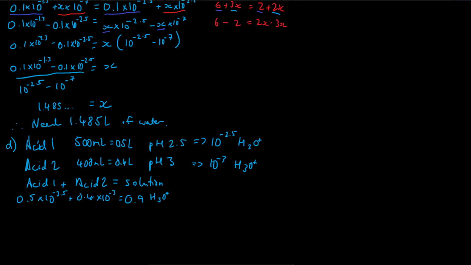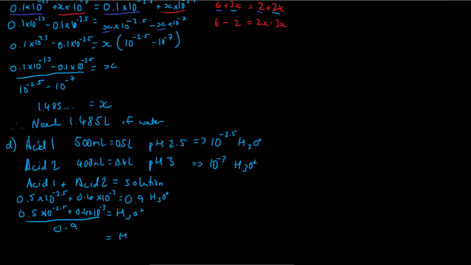Oh sorry, we want to get H3O+ on its own first of all. I'm jumping the gun. Very dangerous. 0.5 times 10 to the negative 2.5 plus 0.4 times 10 to the negative 3 all over 0.9. That will equal our H3O+.